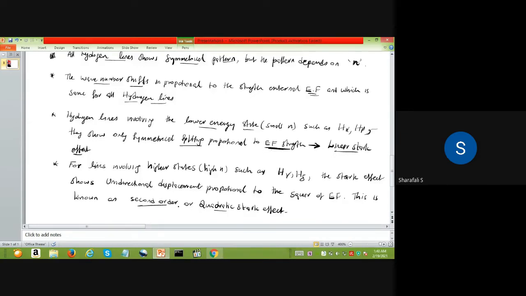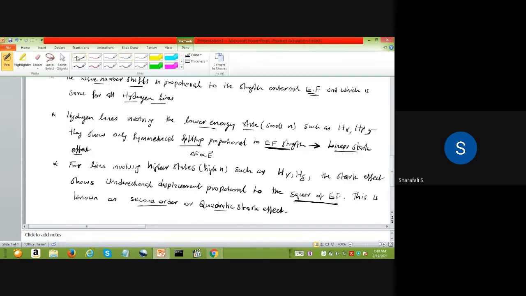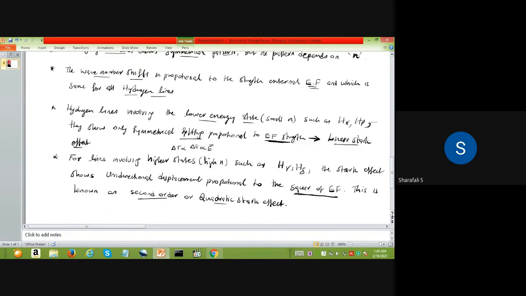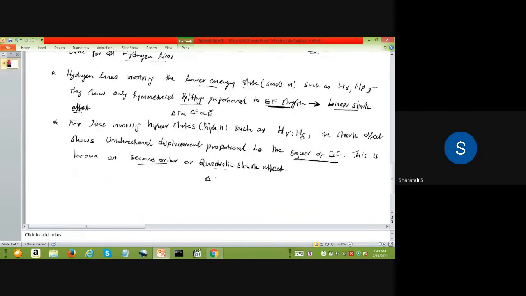Here we have the energy level splitting: delta E is proportional to the applied electric field, and delta T, which is proportional to delta E, is also proportional to it. But here, delta T will be proportional to the square of the applied field.